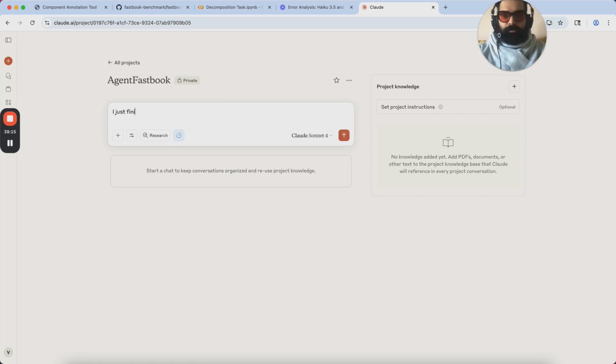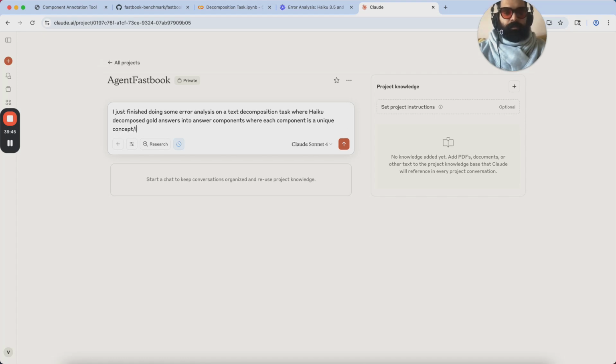I'll say, I just finished doing some error analysis on a text decomposition task where Haiku decomposed gold answers into answer components, where each component is a unique concept or idea that requires its own definition or explanation.